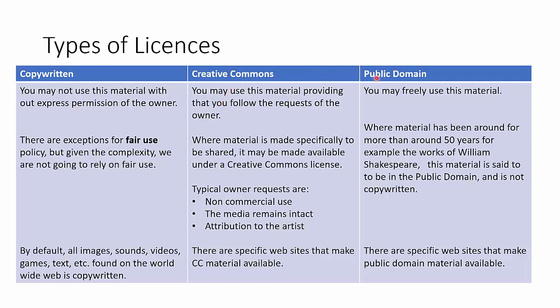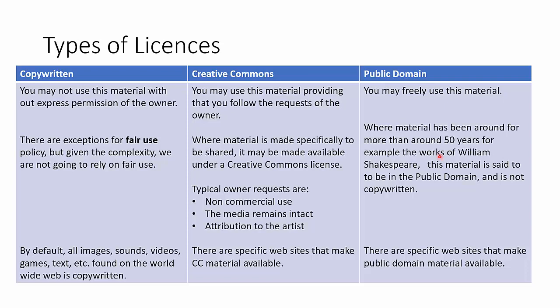On the far side of the spectrum is public domain. Now this is material that you can freely use. Any material that's been around for more than 50 years is generally public domain and is not copyrighted. So the works of William Shakespeare, any song that's more than 50 years old, any paintings that are more than 50 years old.